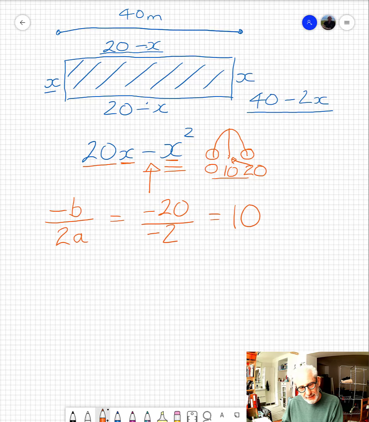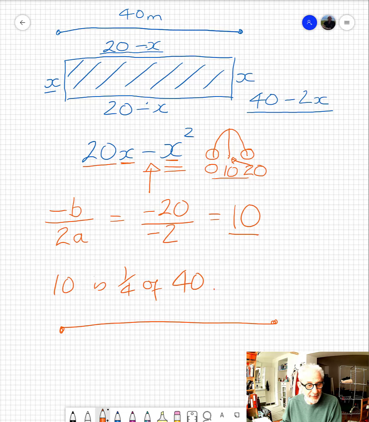So there we go. What we notice is that 10 is 1/4 of 40. And this is always going to be true. If you take a certain length of whatever rope and you say you want that to be the perimeter that encloses an area, it really doesn't matter what that is.